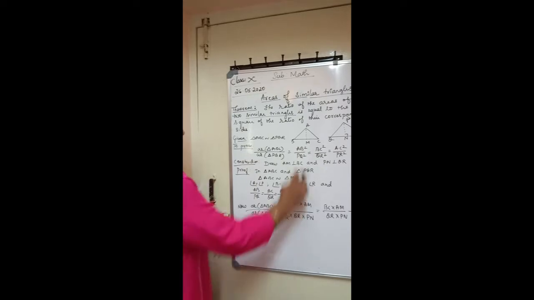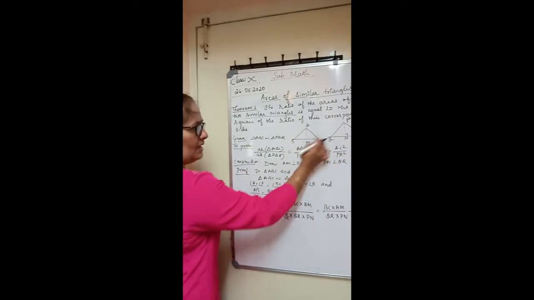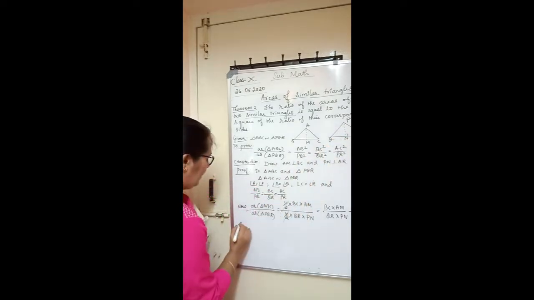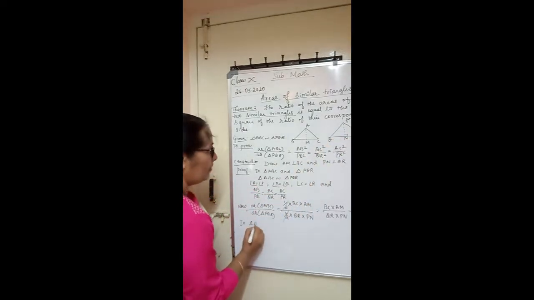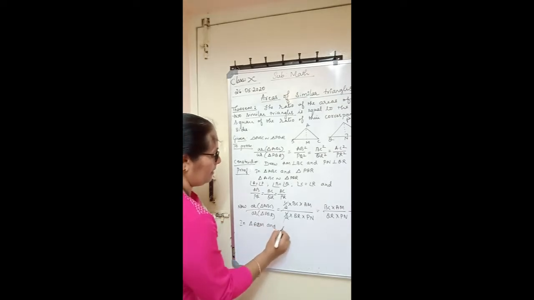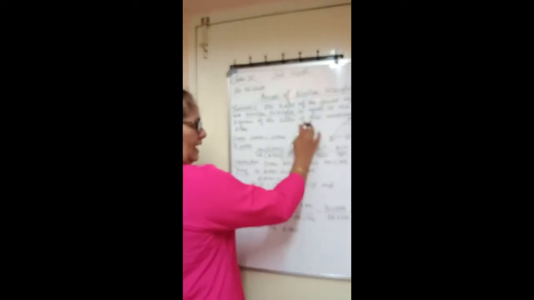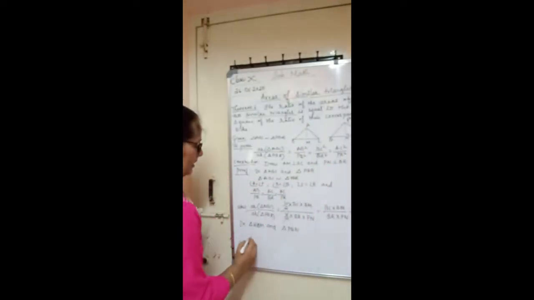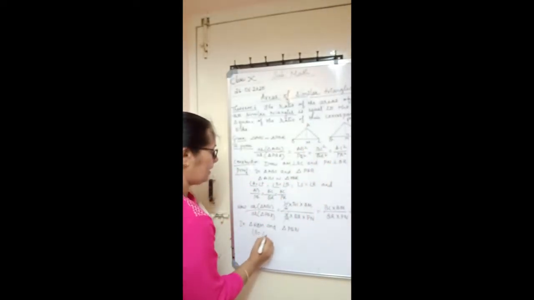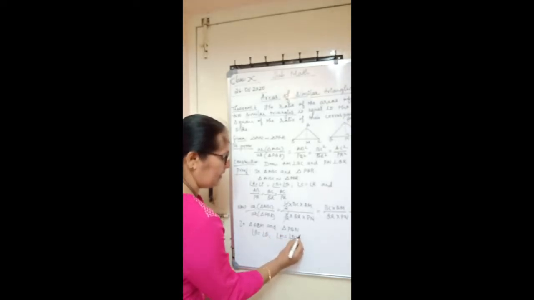Now take these two triangles, triangle ABM and triangle PQN. In triangle ABM and triangle PQN, angle B equals angle Q, and angle M equals angle N, which is 90 degrees.